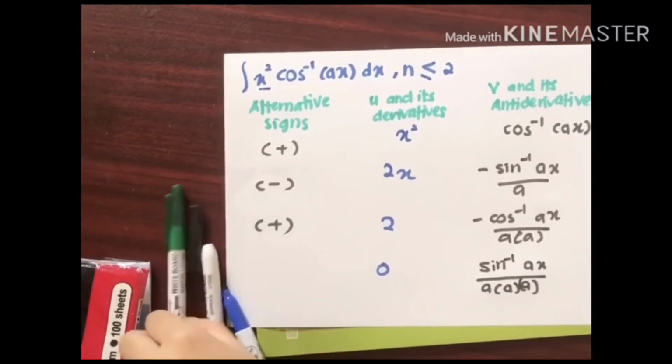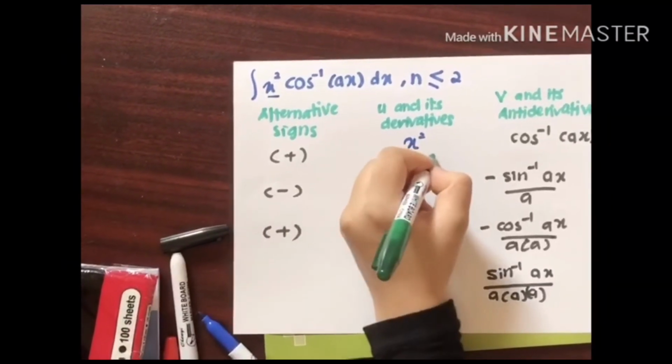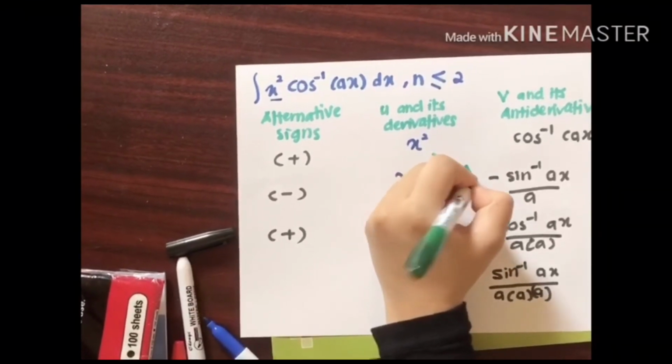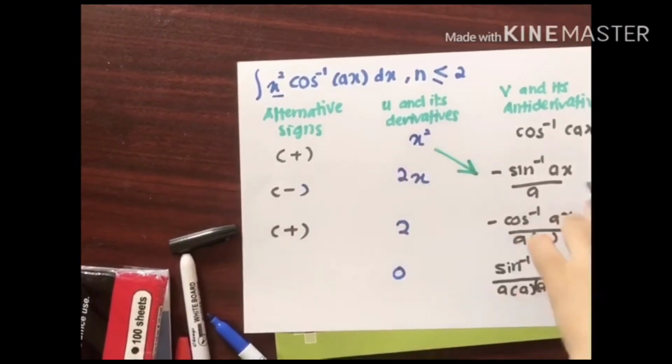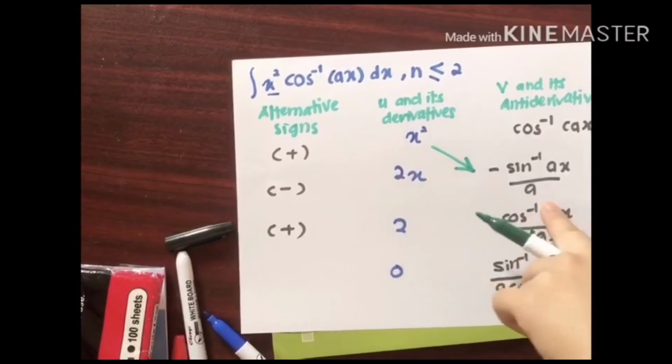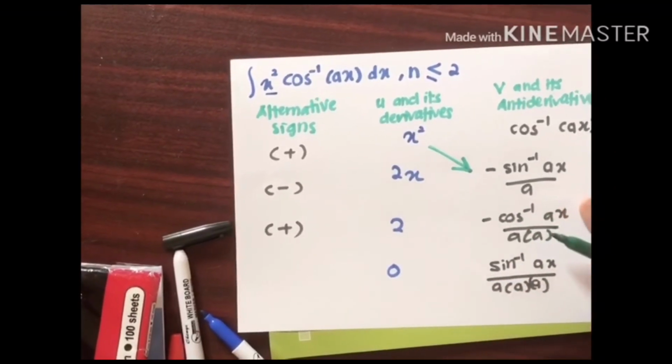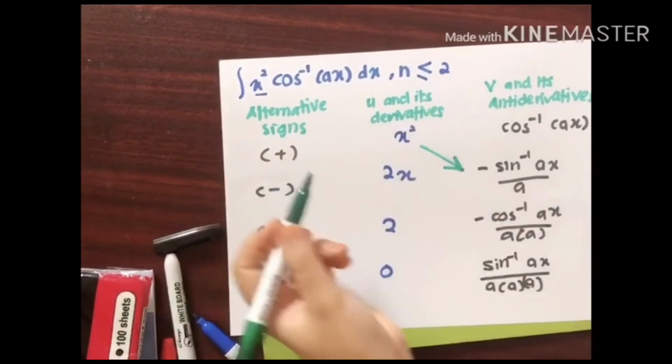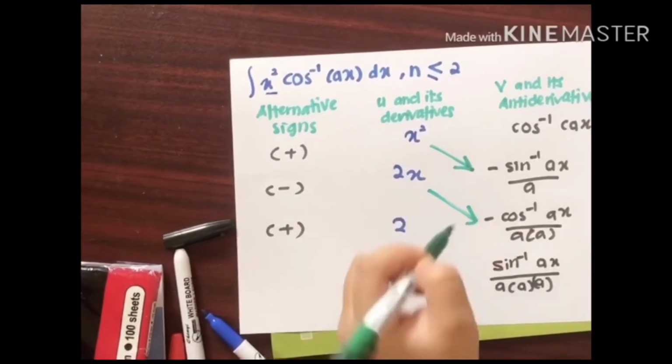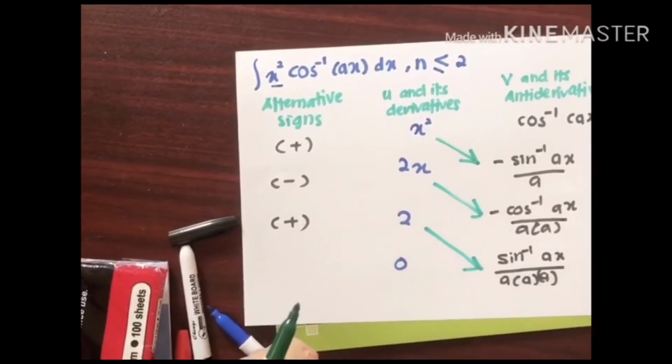So it should be this x to the power of 2 will be connected to sin inverse ax. This will be here, and this will be here.